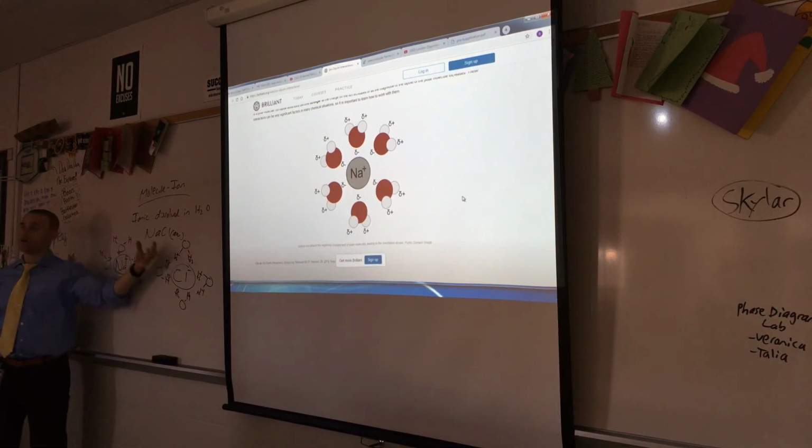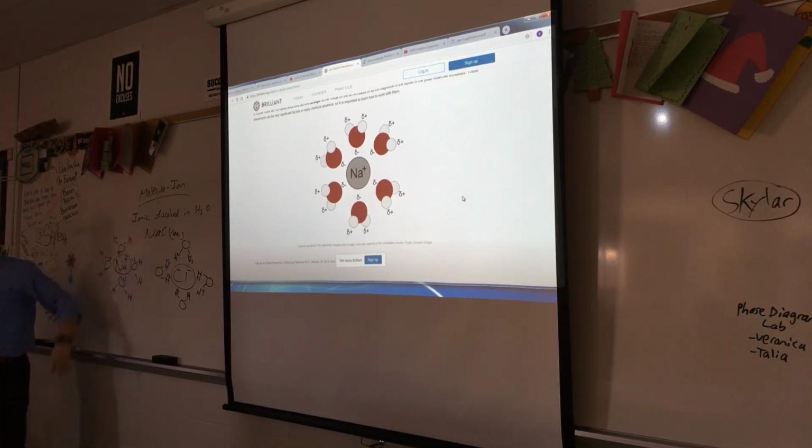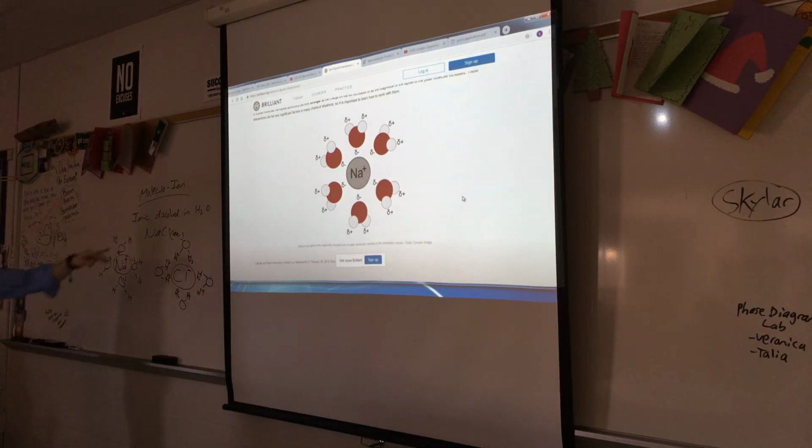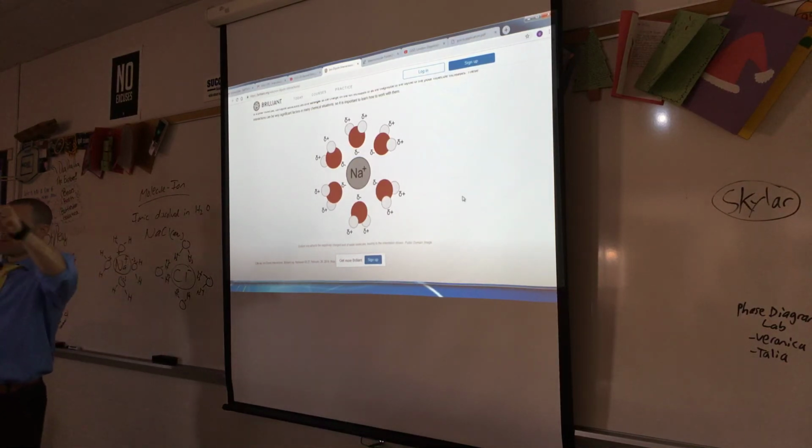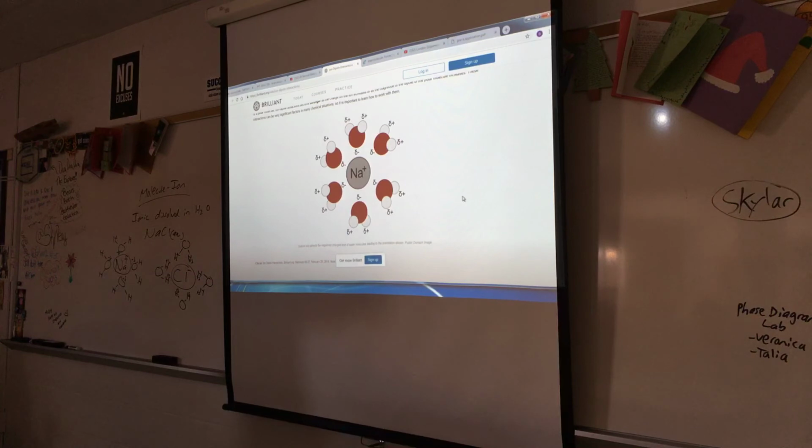So water goes away and salt reforms. But it is strong enough to allow it to dissolve in water, break apart. Does anyone remember what that's called when you take two ions and rip them apart? It's not dissolving, it's close. Dissociate. That's called dissociation. You dissolve this in water, it's called dissociation.